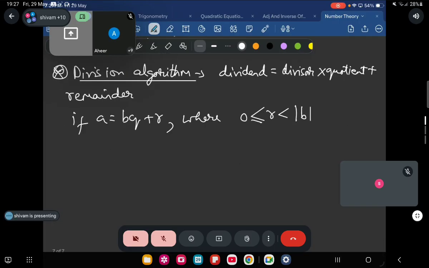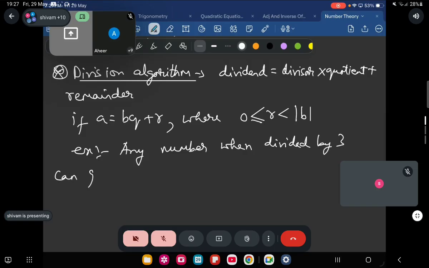Let's ask everyone, what is the application of the division algorithm? For example, any natural number when divided by 3 can give us what possible remainders?